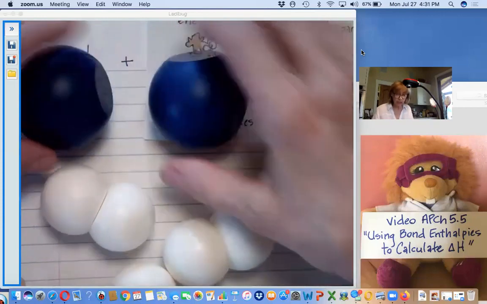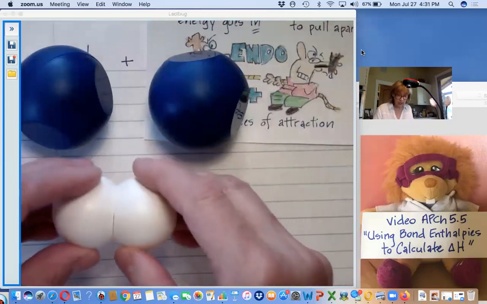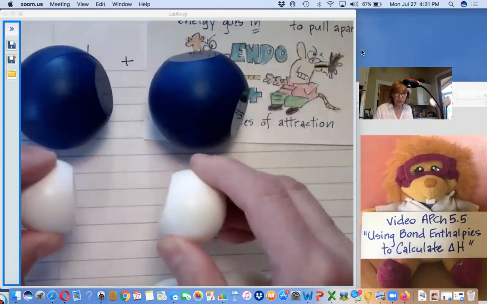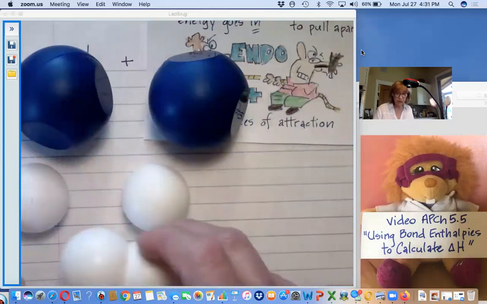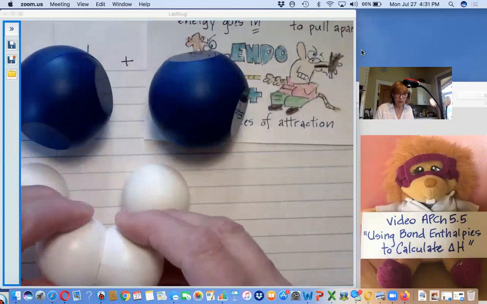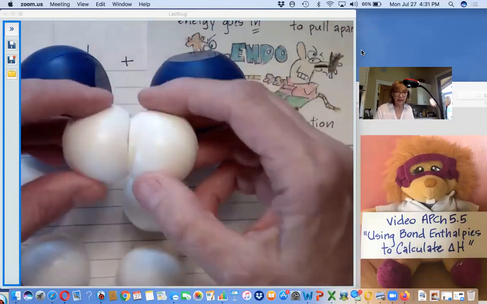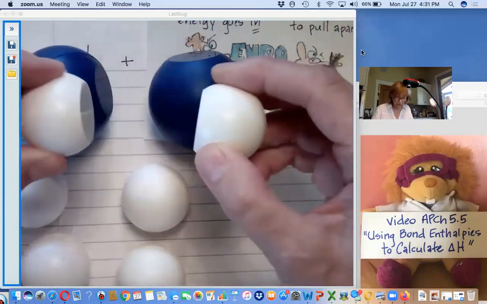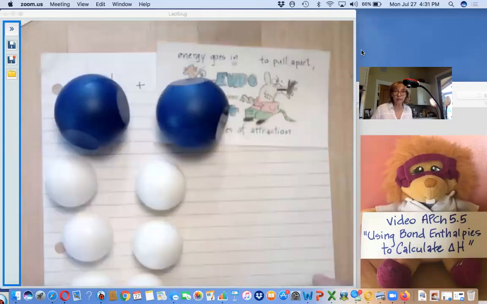So I put energy in to do that, and now I'm going to put energy in to overcome that attraction, break the bond, and I'm going to put energy in again to break this bond, and then lastly, the third hydrogen. Energy goes in each time to break those bonds.